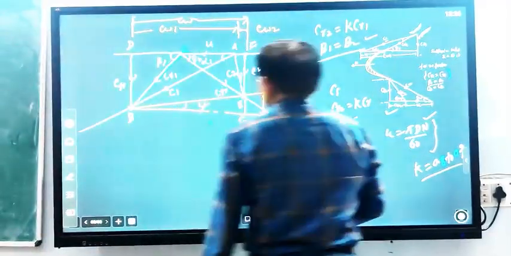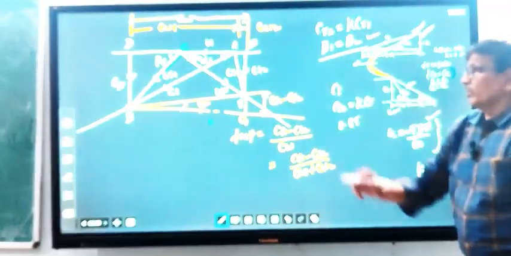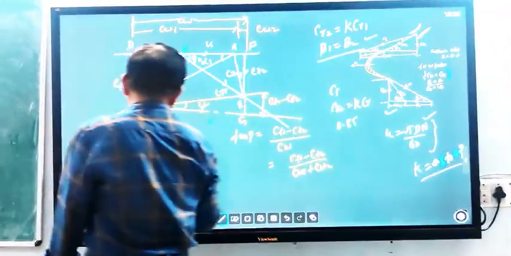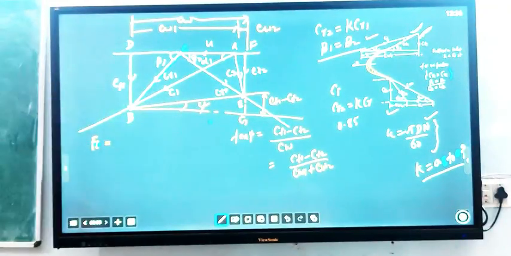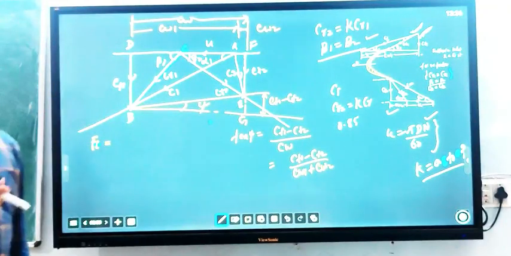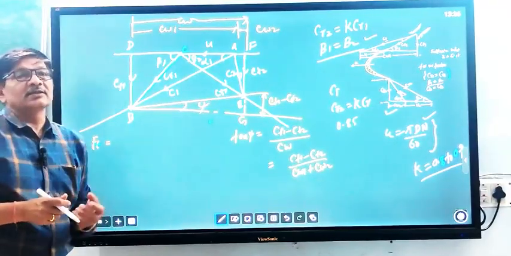So how do we calculate tangential force here, because we know the tangential component CW. Suppose we want to calculate tangential force: FT equals rate of change of mass into acceleration. Acceleration is the rate of change of velocity in the tangential direction.